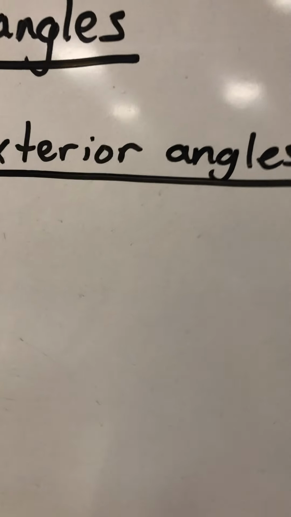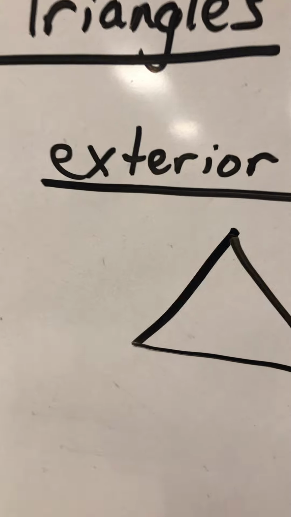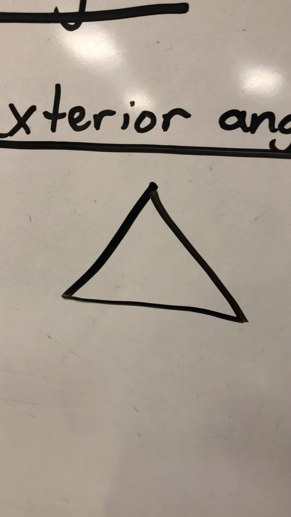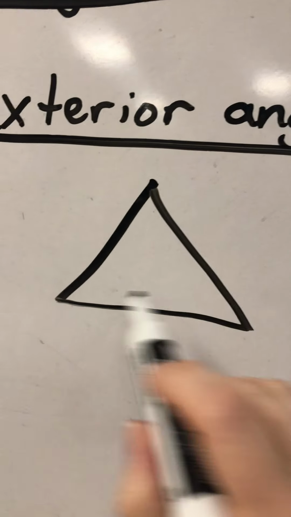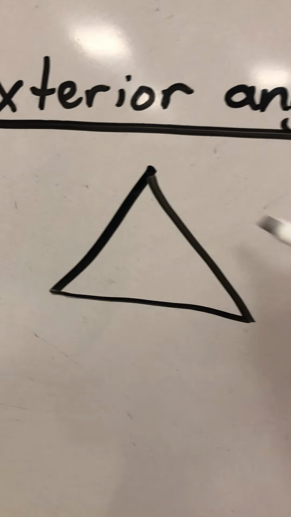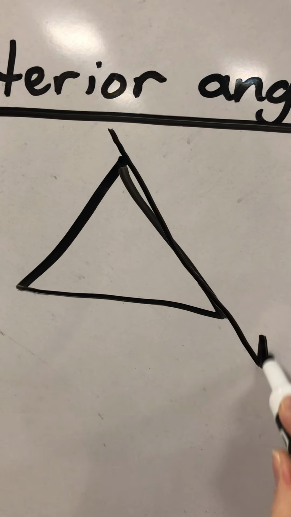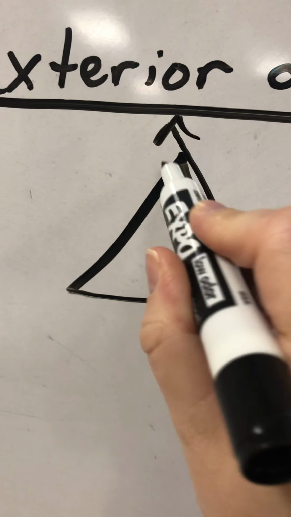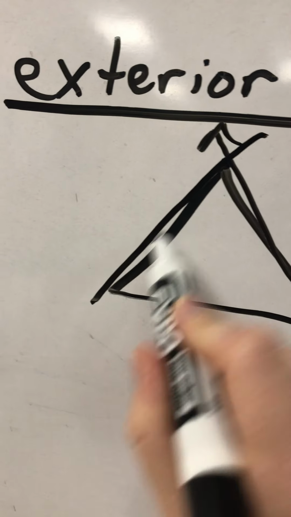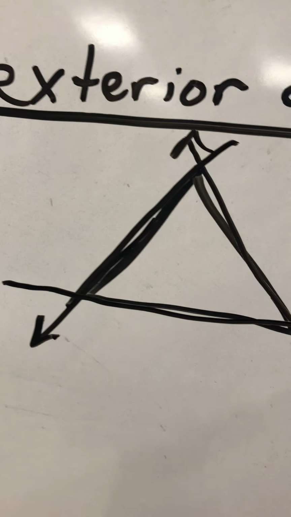Now if it's talking about exterior angles, let me draw my triangle here. Exterior angles are angles that are on the outside of a triangle. So basically, when you look at these sides of the triangle, you would have to extend the line like this. This isn't incredibly neat, and then this one would go this way, and this one would go this way here.